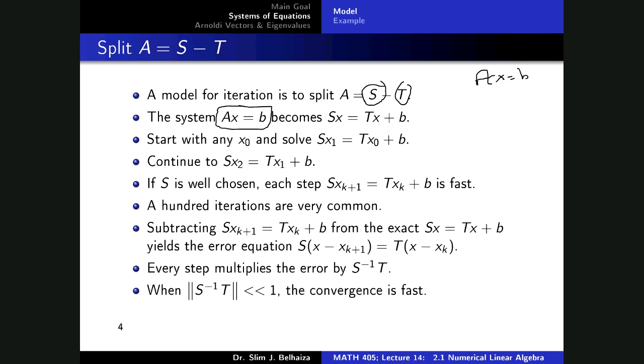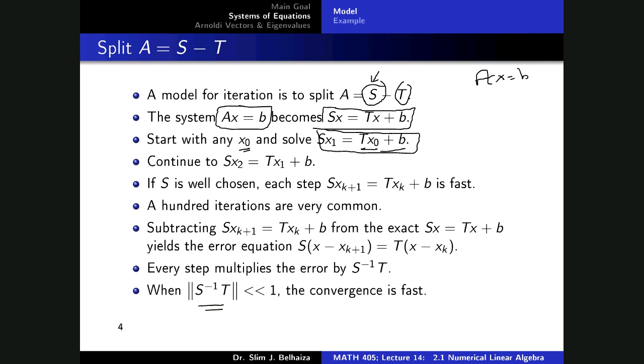So the idea is to start with any given x0 and to iterate: with a given x0, we compute the next term with b, and we try to find the x1 that would solve the new system. Of course, the goal now is to get the right choice of S and T that would allow very easy convergence.